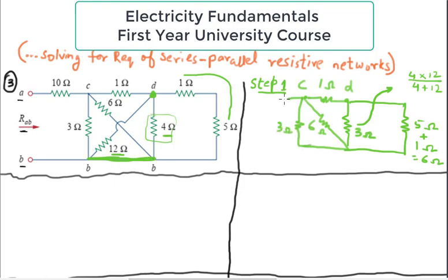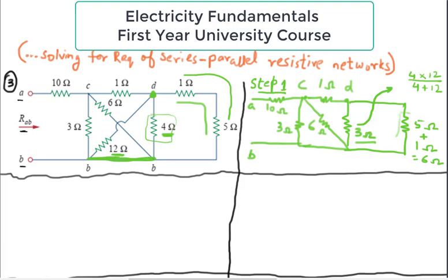And finally at the end we have 10 ohm at the top and no resistor at the bottom. This is point A and this is point B. So this is how your circuit is reduced. Two things have changed. 1 ohm and 5 ohm are connected in series and have resulted in 6 ohms over here, this one. And this 6 ohm, sorry, this 12 ohm and 4 ohm are actually in parallel, and their resultant is this 3 ohm. This is the first step.